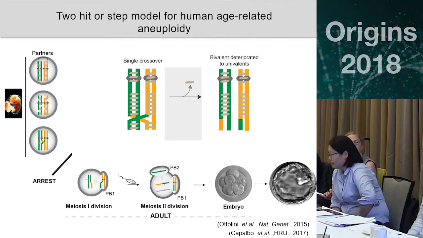The model that the meiosis field has synthesized is this two-step model that Terry discussed. The first is that recombination that tethers homologous chromosomes together occurs during fetal development.